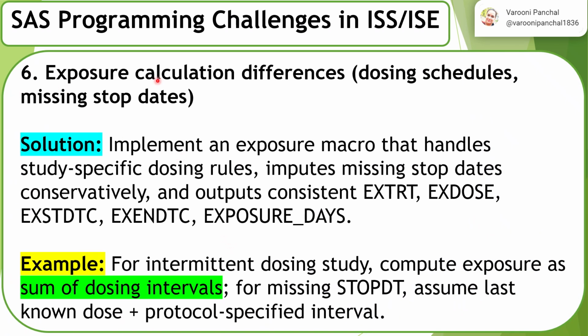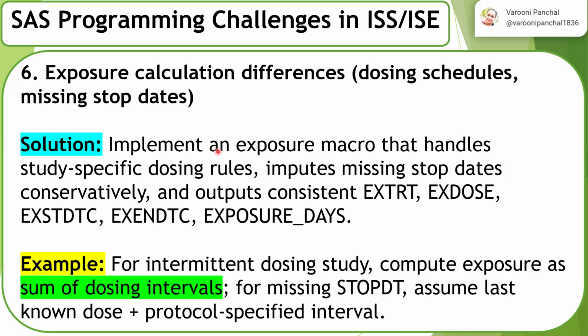Number 6 is exposure calculation differences, dosing schedules and missing stop dates. This could be another challenge when you work in ISS and ISE studies, where you will see that the calculation of exposure is different and the missing stop dates were handled differently.